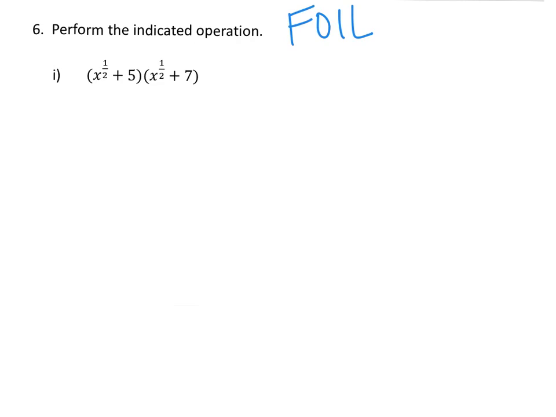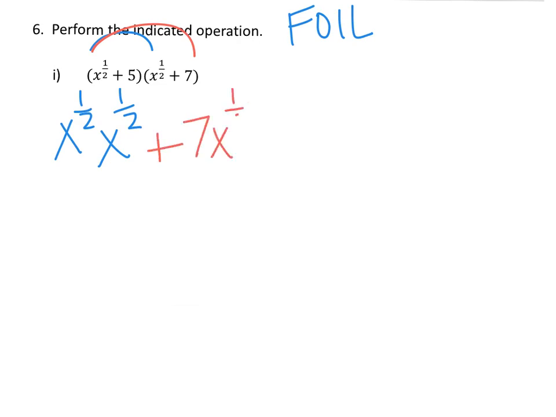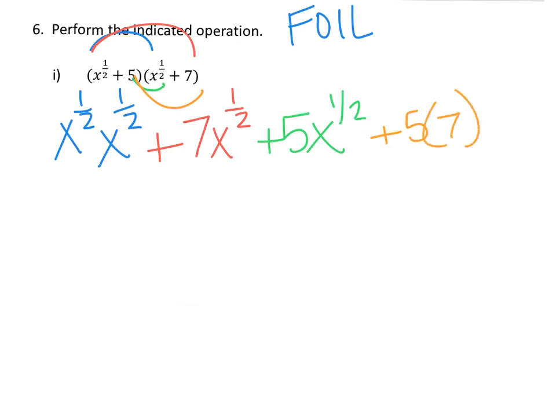So x to the 1/2 times x to the 1/2, outer, plus 7 times x to the 1/2, inner, plus 5x to the 1/2, and then last, plus 5 times 7. So let's continue.